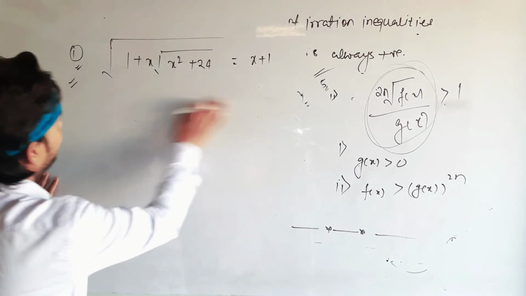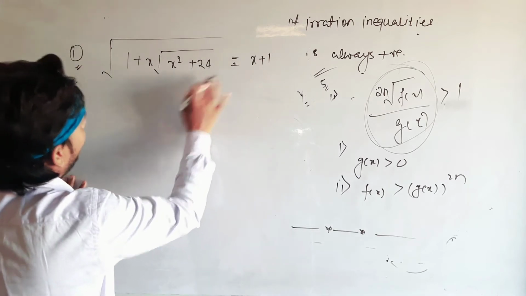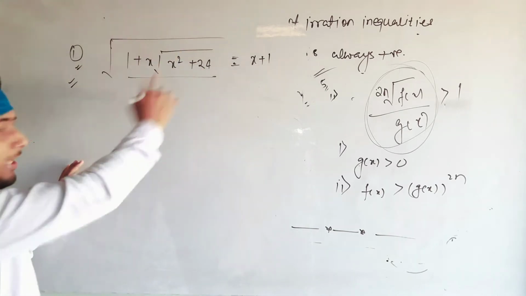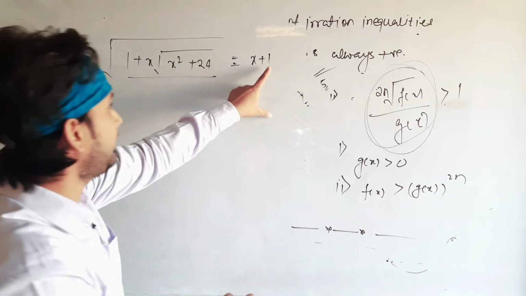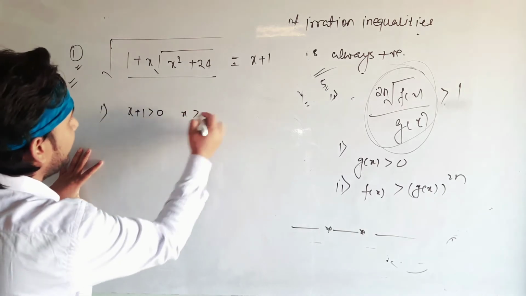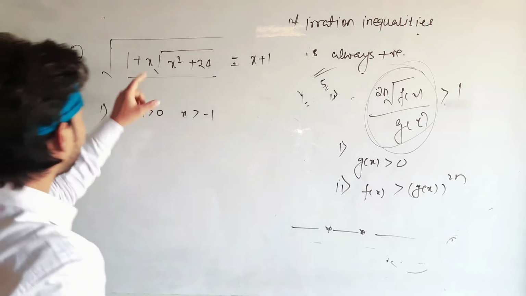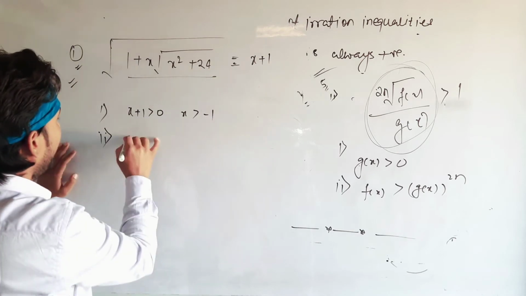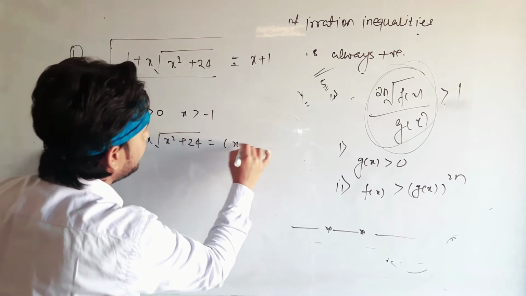Then what we have to do? First, if a square root of any expression is equal to x plus 1, it means that the first point is it must be greater than 0. x plus 1 must be greater than 0. It means x is greater than minus 1. And the second, you can take a square on both sides. Then (1 plus x) into under root of x square plus 24 equals (x plus 1) whole square.